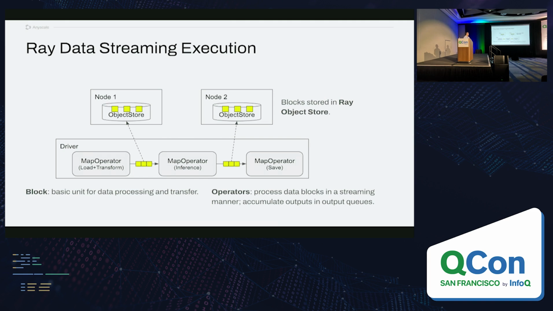Talking about streaming execution, I do want to highlight one thing that plays an important role in efficiency: how you communicate data between tasks and nodes. As you can imagine, because we can schedule tasks of different stages on different nodes, you need an efficient way to communicate data between nodes. So we introduced an abstraction called the Ray Object Store, which is basically a storage or file system so that the map operator can upload its temporary result to this object storage, and the next stage can consume that.